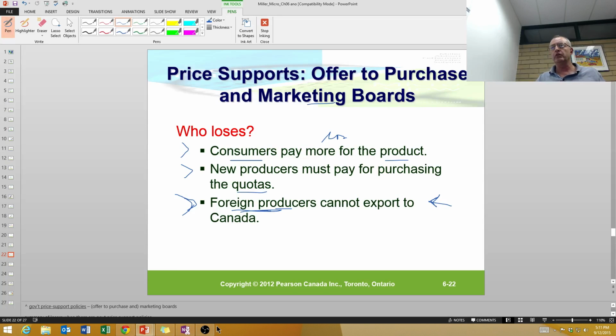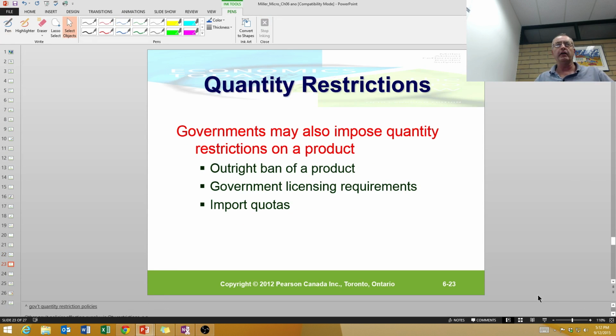Okay, so the government can also intervene in the market with other mechanisms to restrict the access to products. They can effectively impose quotas on the number of producers in the industry, by requiring those producers to have licenses.